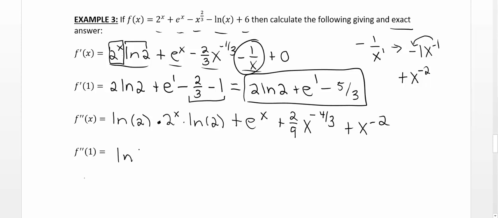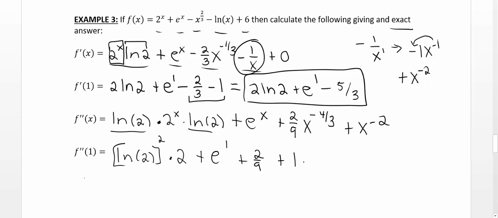So I'm going to write the natural log of 2 squared, there's 2 of them, right? 1 here, times 2 to the 1, which is just 2, plus e to the 1, right? Plus, now if you plug in a 1 here, 1 to the negative 4/3 is 1, times 2/9 is 2/9. And if you plug in a 1 here, 1 to the negative 2 is 1.